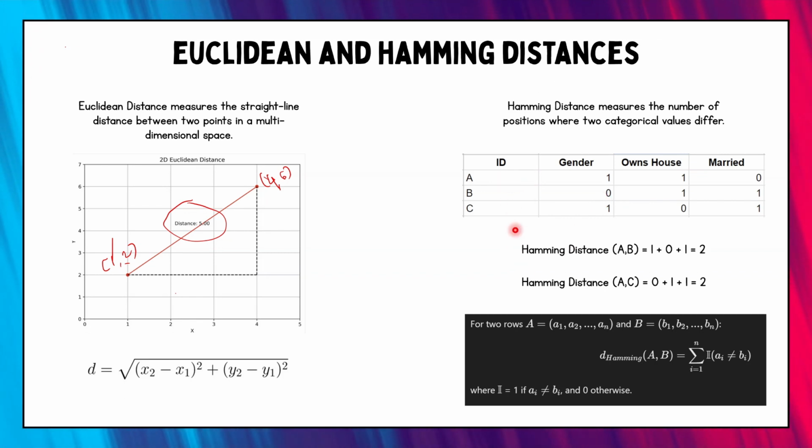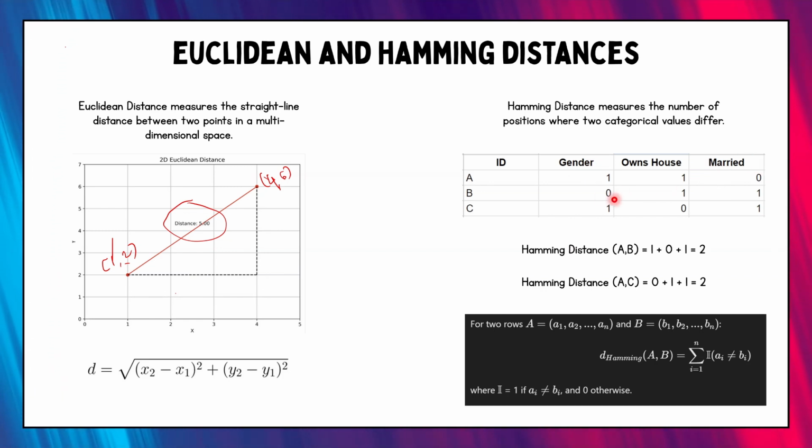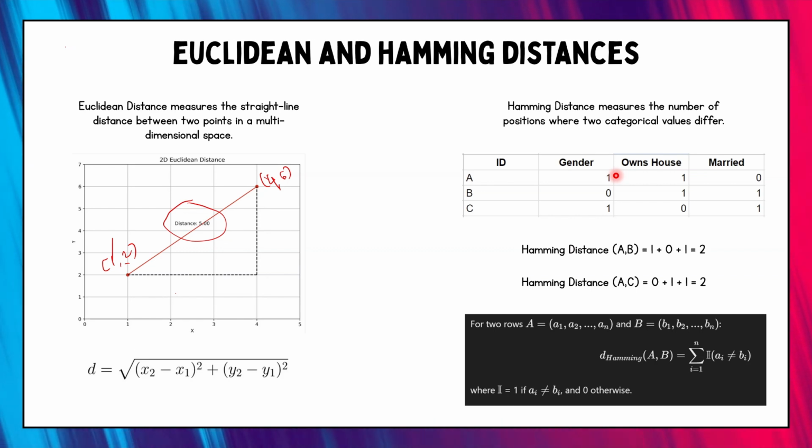So there are 3 rows. A, B, C is the primary key over here, the identifier. And we can see that there are just 3 categorical columns: gender, owns house, married. And 1 means yes, probably. In the case of gender, 1 means male, and 0 means female or whatever. In owns house, 1 means yes, he owns a house or she owns a house and so on.